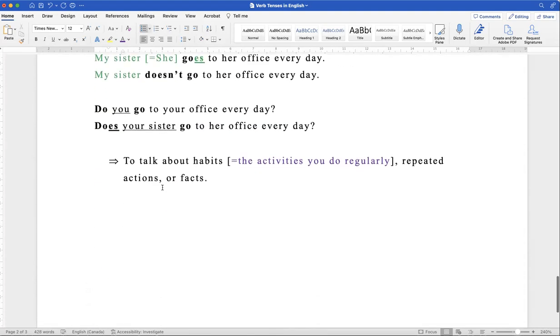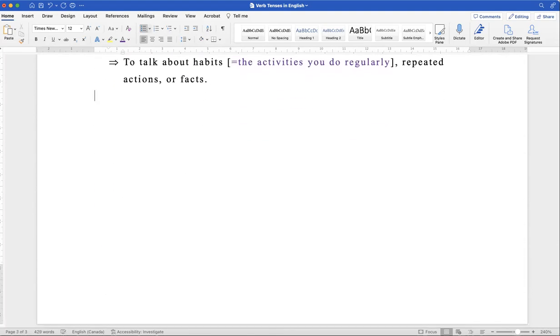So the problem about simple present tense is the common mistakes in writing or speaking. When you write the plural subject, you don't make the necessary changes to the verb. For example, my parents lives in France.